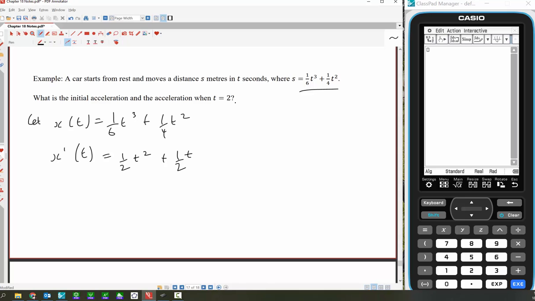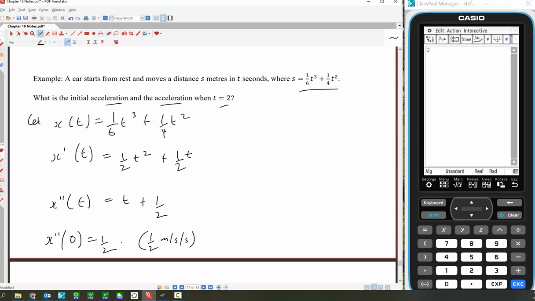And further to that, the initial acceleration and the acceleration at time t equals 2 is found by doing the double derivative. That's going to be t plus half. Let's see if I've done that right. Yeah, t plus a half. So x double dash 0 is a half. The interpretation of that is half a meter per second squared.